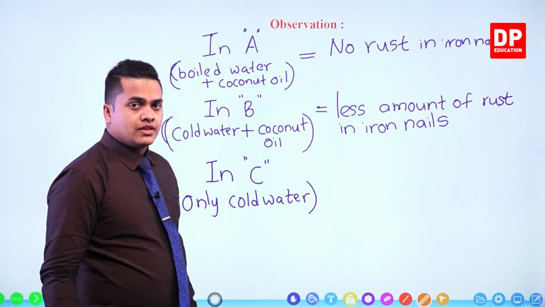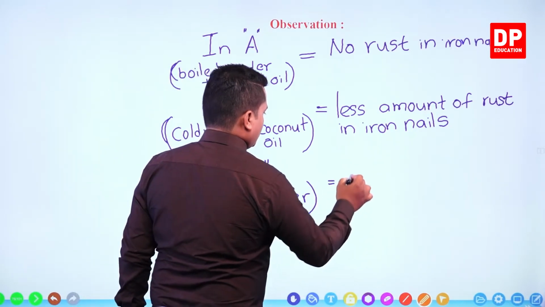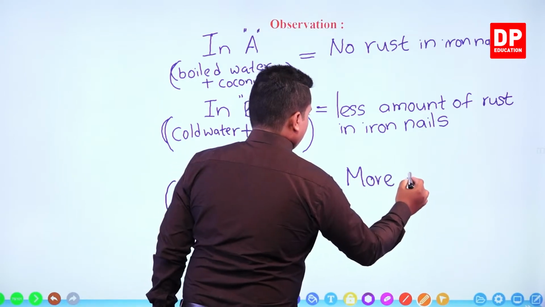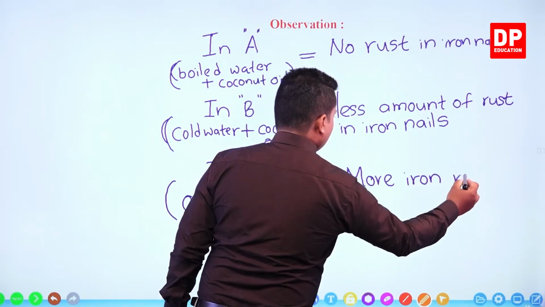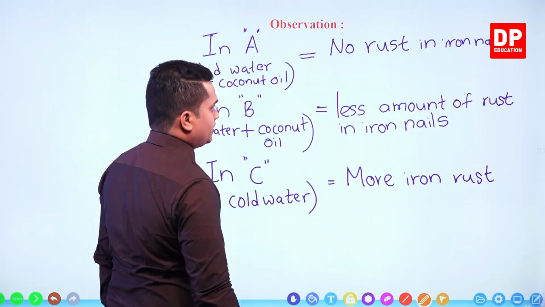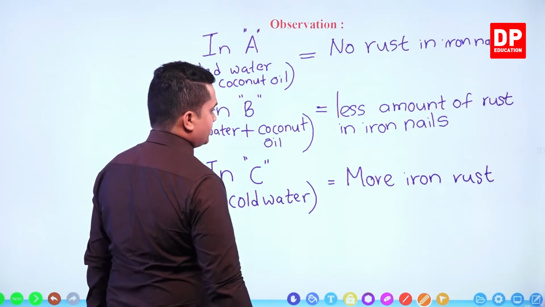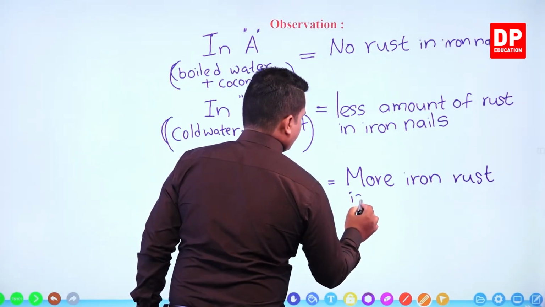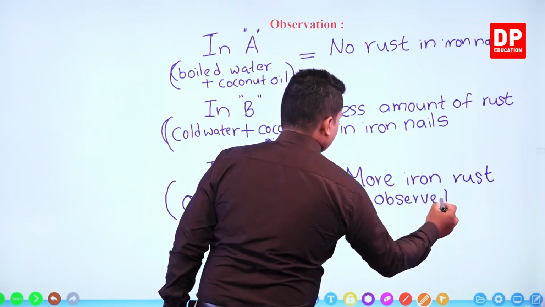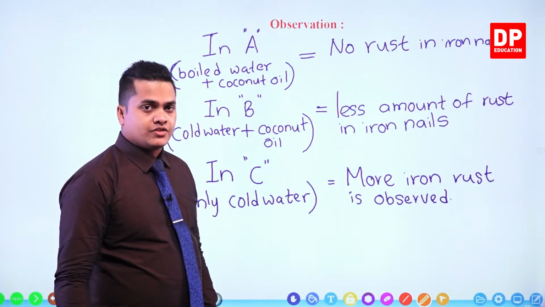That's the C or the third setup, right? More iron rust. Right? More iron rust is observed. Right, so this is our observation.